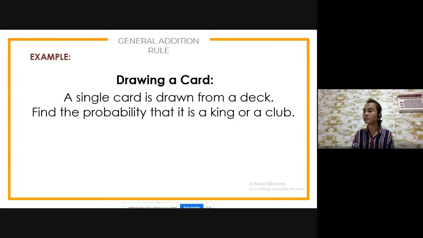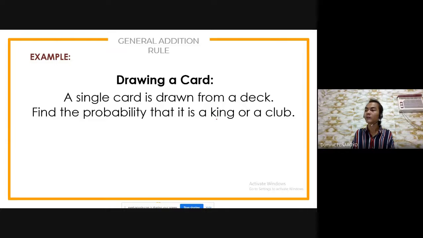So a king, meron tayong apat na king. So ilan ba yung total number of, I mean, what is the cardinality of the sample space? So, the deck of cards, that's a total of 52. 52 sample points.